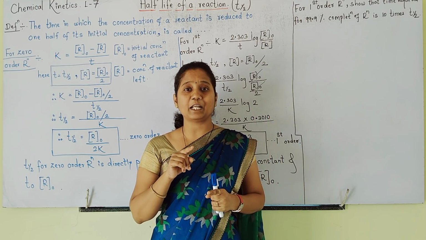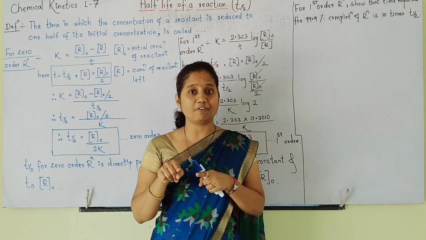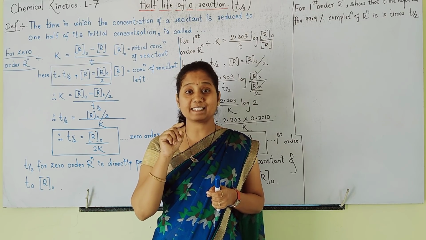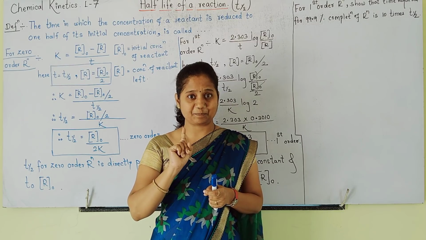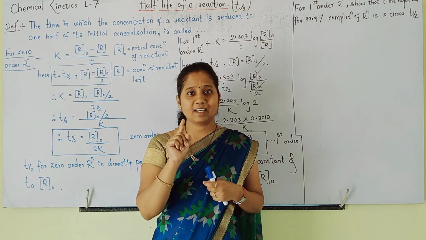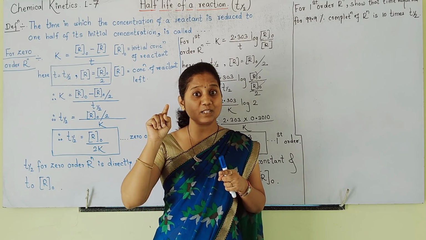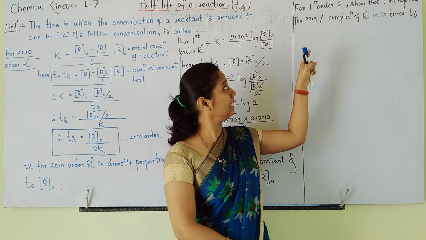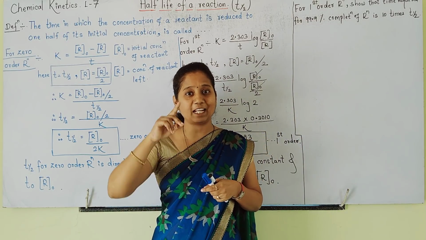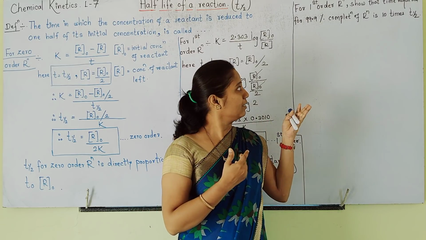The reaction completed is 99.9%, so how much is left? Only R. 100 minus 99.9, left is only 0.1. So R naught is 100 and R, the concentration left, is 0.1. We are not using the number 99.9 directly, but using it we are writing the values of R naught and R. So let us solve this problem.